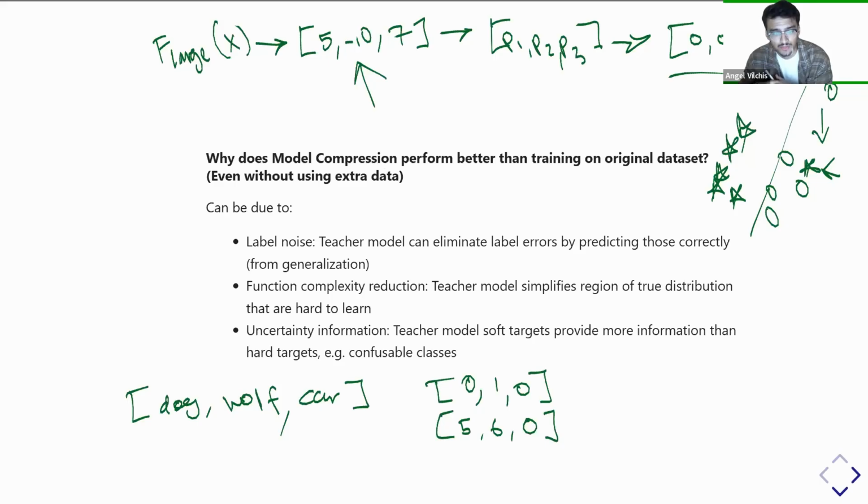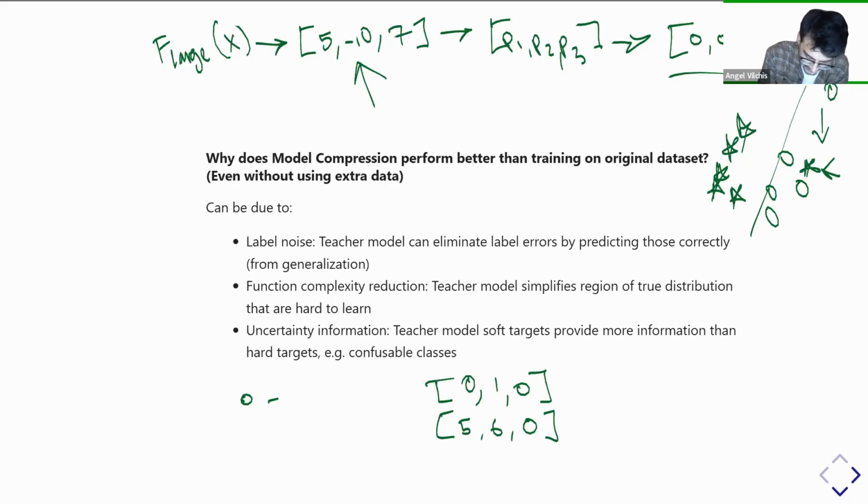And so the soft targets provide uncertainty information, and that uncertainty is information for the small model. So there's more to learn with soft targets than with hard targets. So that's why model compression can perform better than training on the original data set, even if we don't use any extra unlabeled data.